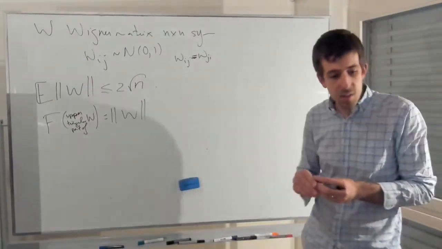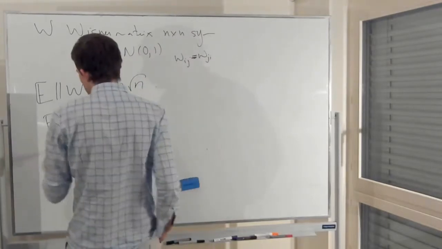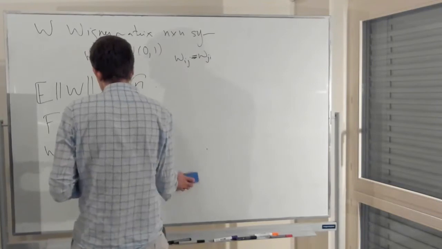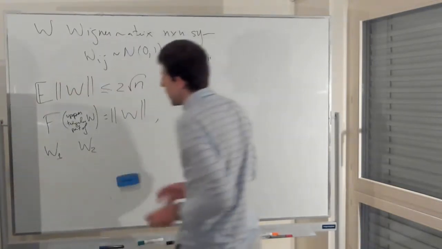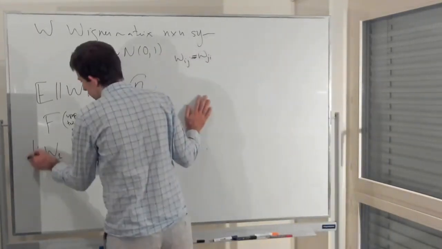And let's show that this is Lipschitz. That's easy. Let's say that I have two matrices W1 and W2, and let's say that we want to control the difference between their spectral norms.